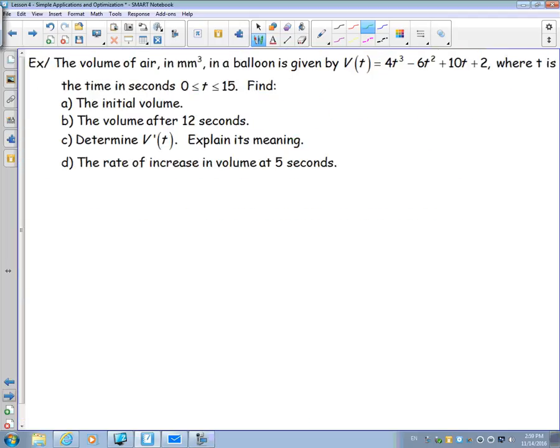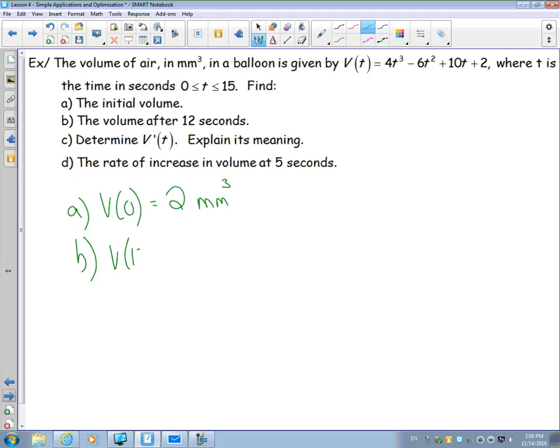So let's try that. We've got the volume of air in a balloon given by this function. Can we find the initial volume? Well, sure we can. Initially, at time 0, put in 0 for all your t's, and you'll end up with 2 cubic centimeters. Can we find the volume after 12 seconds?